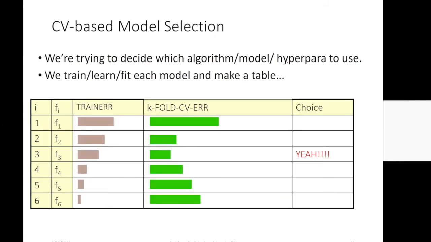You have k-folds, and you calculate for each one of the possible models, like joined dots, quadratic, degree 1, degree 2, degree 3, all the different model classes you select. You perform k-fold cross validation on each one, and then put those errors together. You select the one with the smallest k-fold cross validation error, and this is the model you pick. This is what we mean by cross validation based model selection.